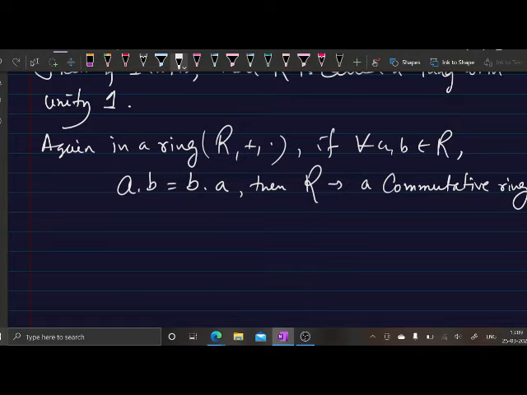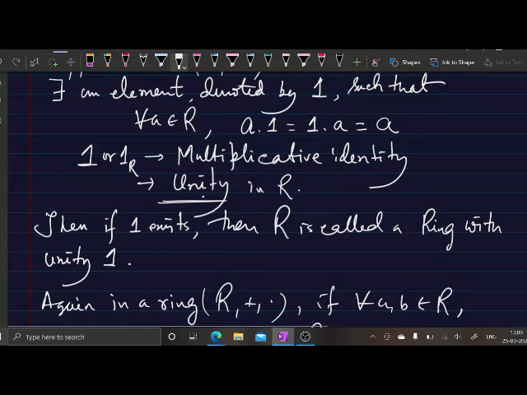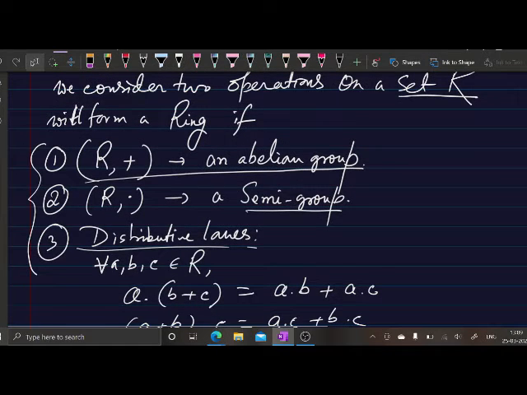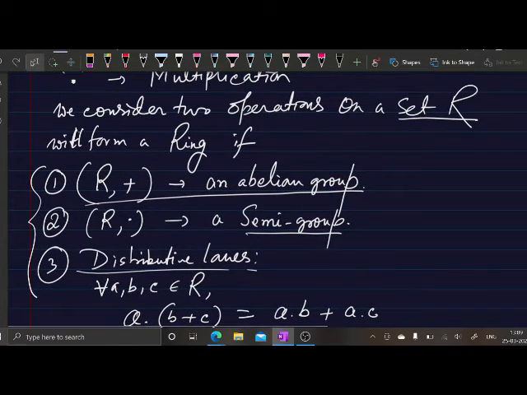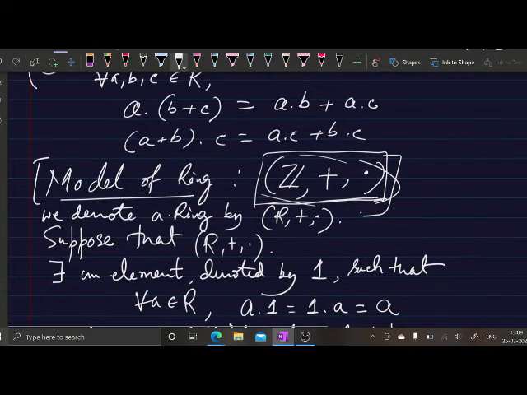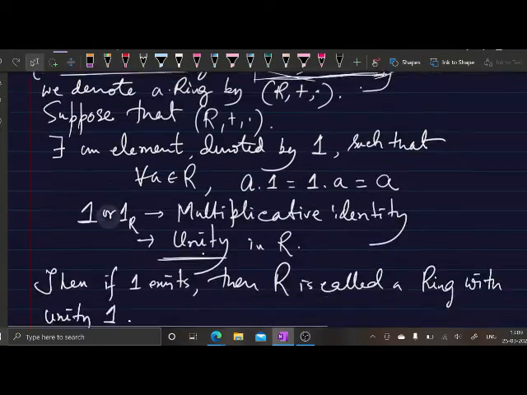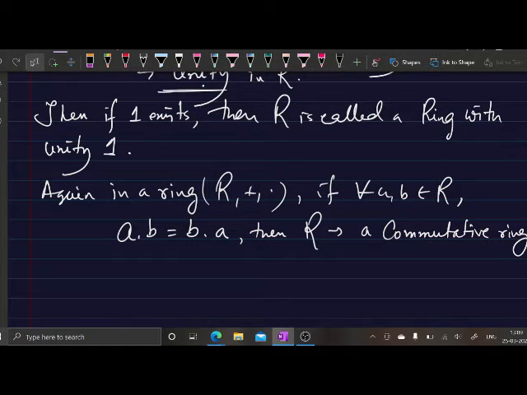If commutativity holds with respect to multiplication, then the ring will be called a commutative ring. With respect to plus, we do not need to check commutativity, because we have already assumed that it forms a ring, so the first condition is that there has to be an abelian group. So with respect to plus it is already an abelian group, but with respect to dot we need to check whether commutativity holds or not. And if it holds, then the ring will be called a commutative ring.